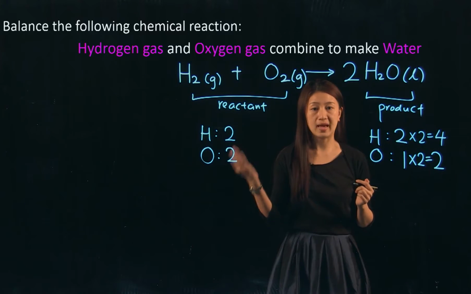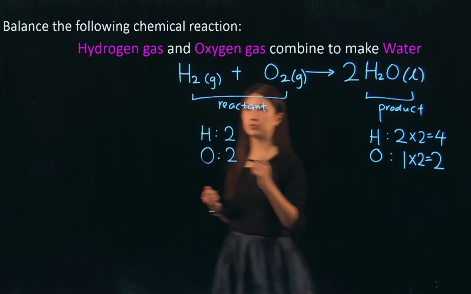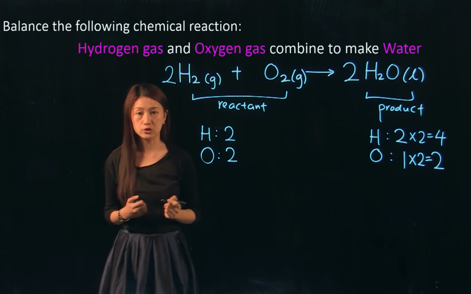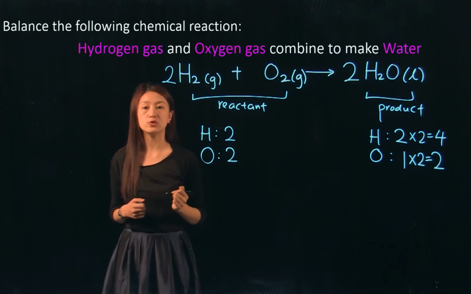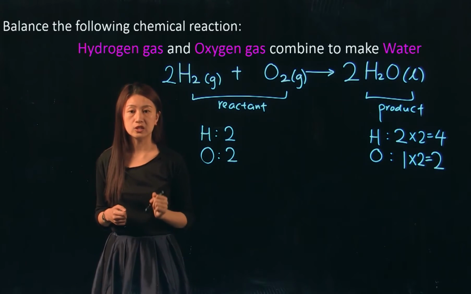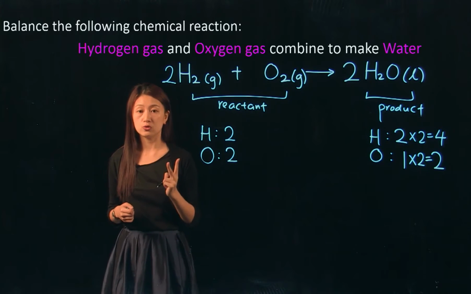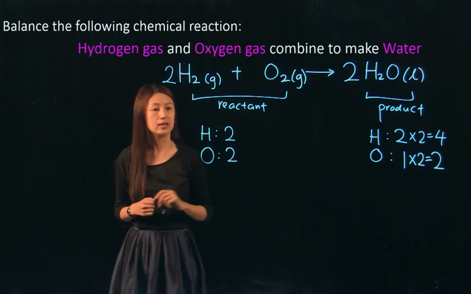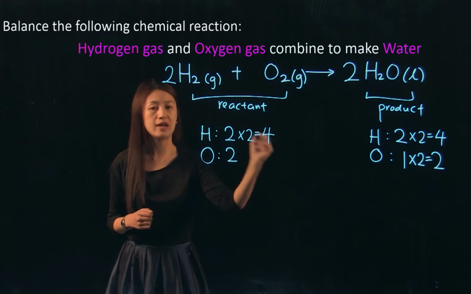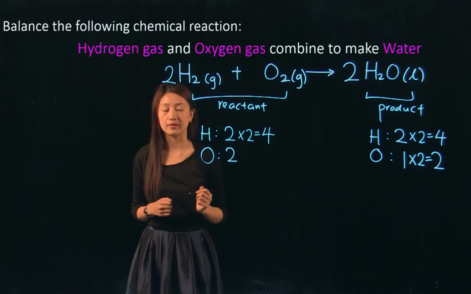Therefore, in order to balance hydrogen atoms, we will have to put a coefficient of 2 in front of H2. The reason I choose a coefficient of 2 for hydrogen is because each hydrogen molecule has 2 hydrogen atoms. In that case, I will have a total of 4 hydrogen atoms on the reactant side.